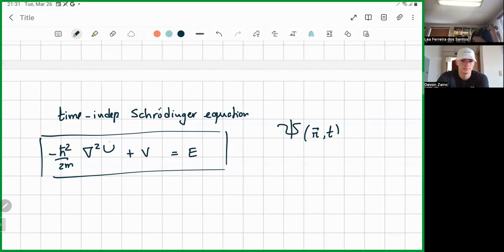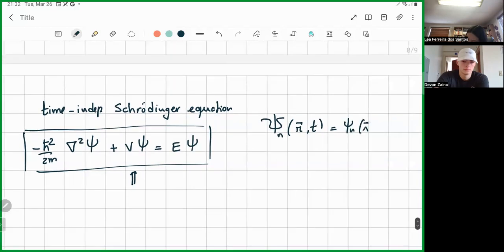And I'm using the small psi to indicate the part that depends only on position. Okay, so once I solve this equation, the time independent, I can find the whole solution just by attaching the energy to this story, as we used to do before.